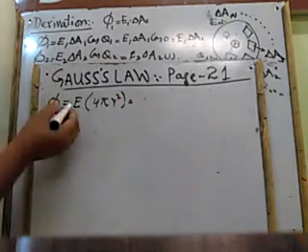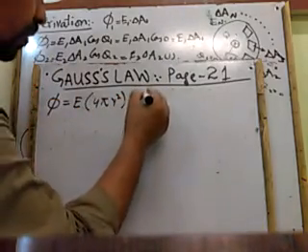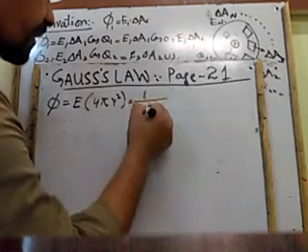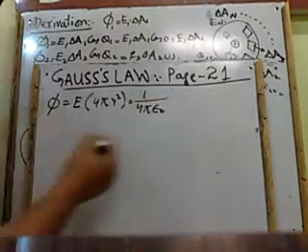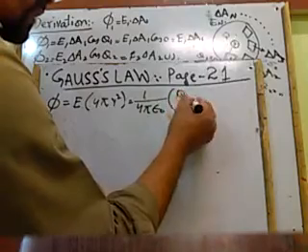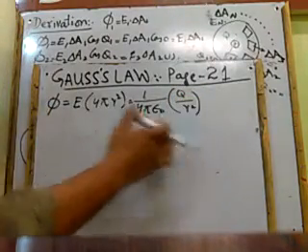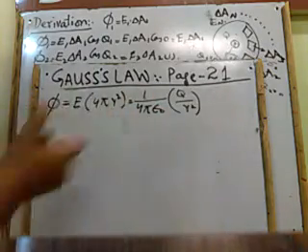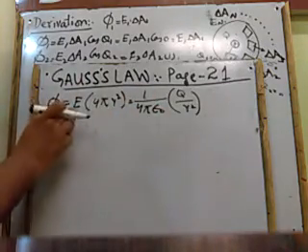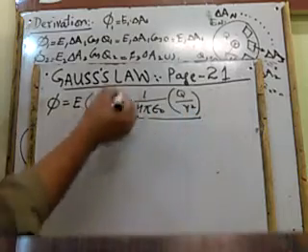From our previous knowledge, we know that E is equal to 1 over 4 pi epsilon naught Q divided by r square. This is the value of E, which we already derived in previous videos, previous lectures.